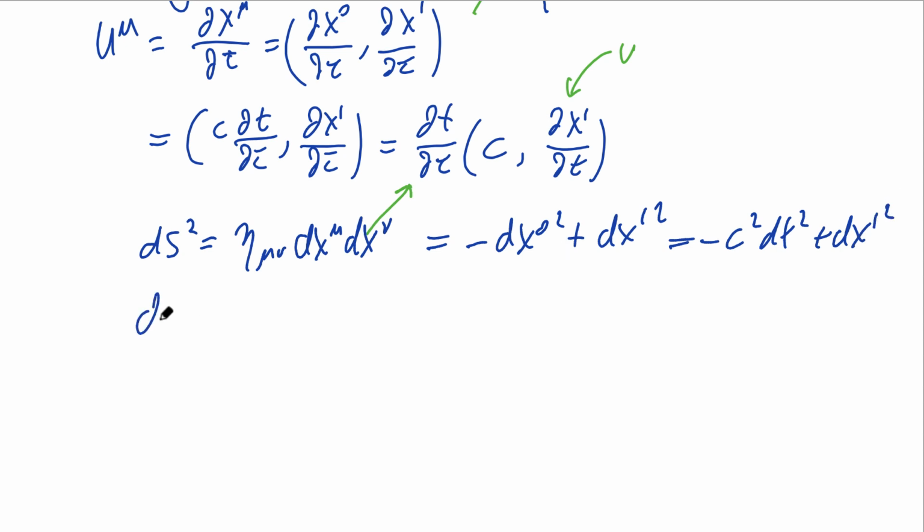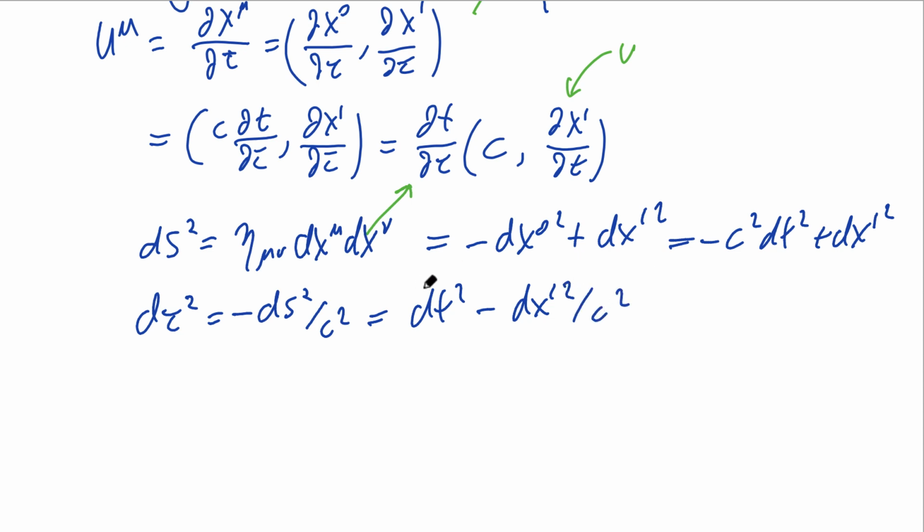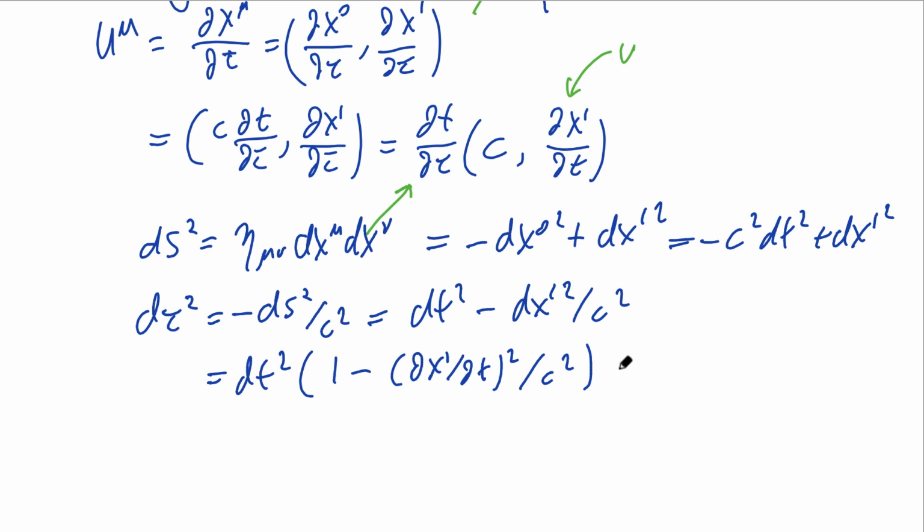And the proper time separation between nearby events is defined as minus ds squared over c squared. So that's equal to dt squared minus dx^1 squared over c squared. Now if I pull out a factor of dt squared, we have 1 minus partial x^1 with respect to t quantity squared over c squared. This, of course, is just v, so that's equal to dt squared times 1 minus v squared over c squared.